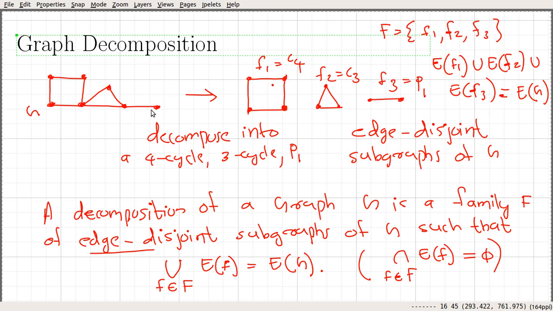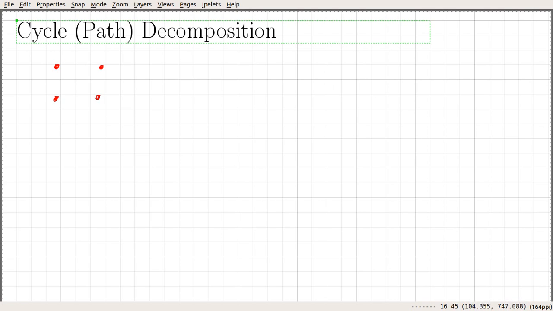So let's consider a special case in which this family contains only cycles or only paths. That corresponds to what is called a cycle or a path decomposition. In a cycle decomposition, all the members of that family will be a cycle. Let me give one or two examples, and after that I will give the definition.